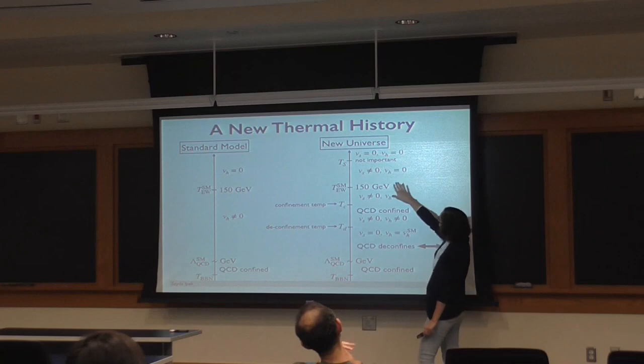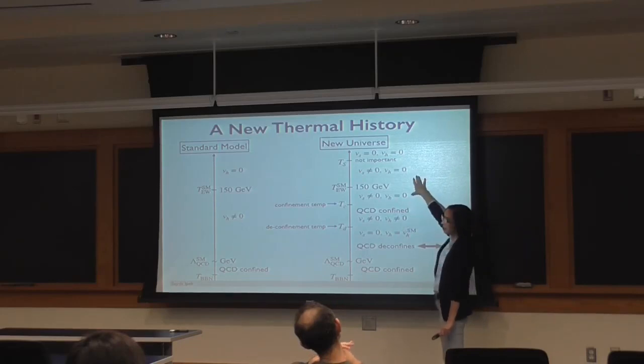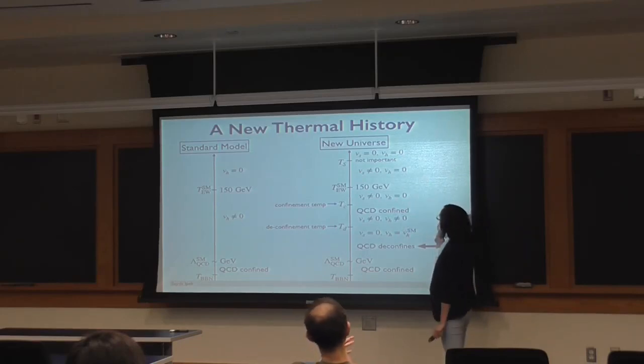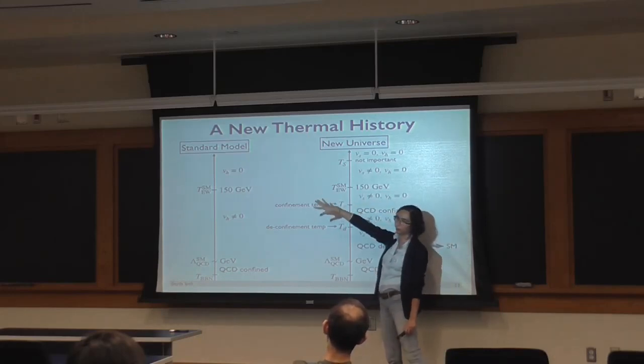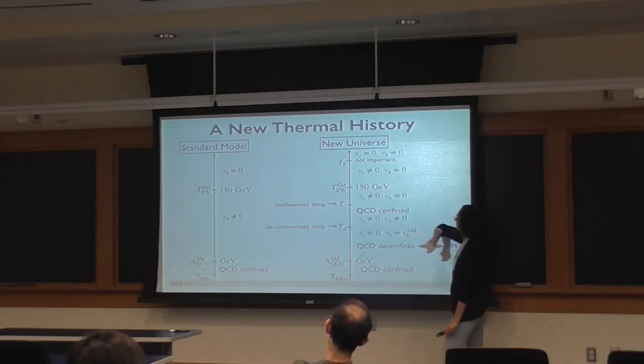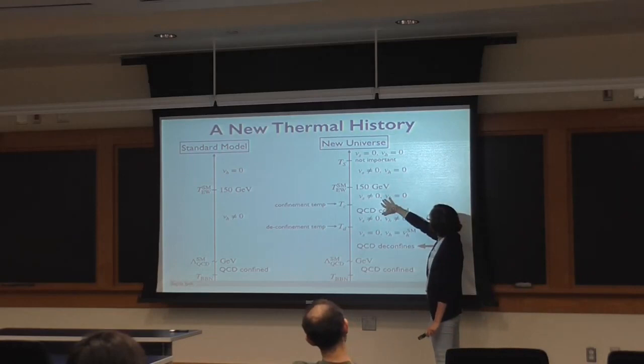At some point, this singlet acquires a vacuum expectation value. We will see later that for certain parameters in the singlet potential, when you come to 150 GeV, where in the standard model you would have expected the Higgs field to acquire a vacuum expectation value, for us the Higgs will still stay at 0. So even though you are below 150 GeV, the Higgs value is still 0.